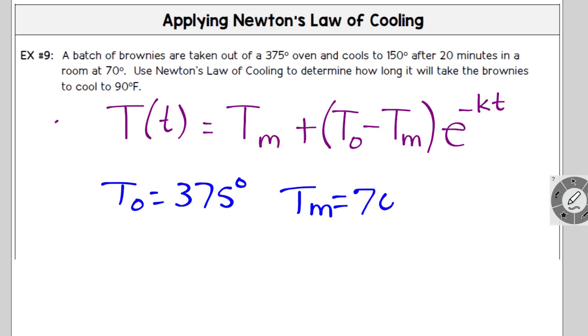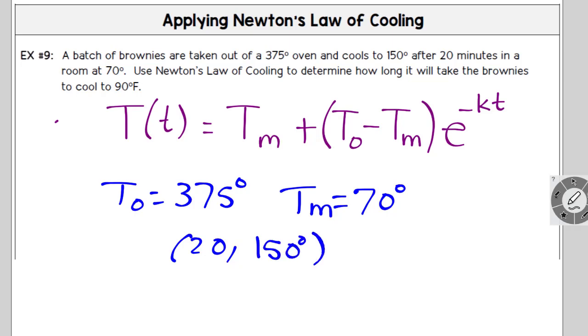All right, then we're given a particular point in this situation. We know after 20 minutes, the brownies cool to 150 degrees.